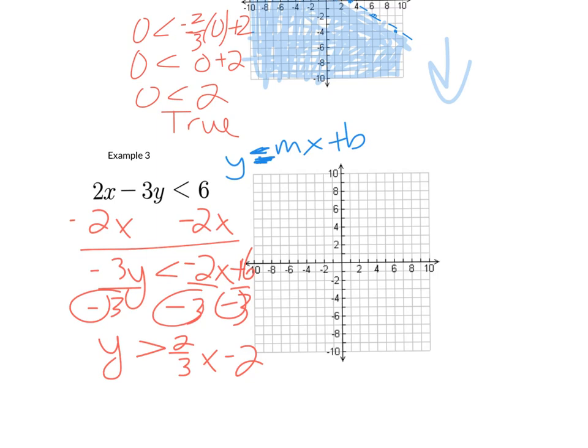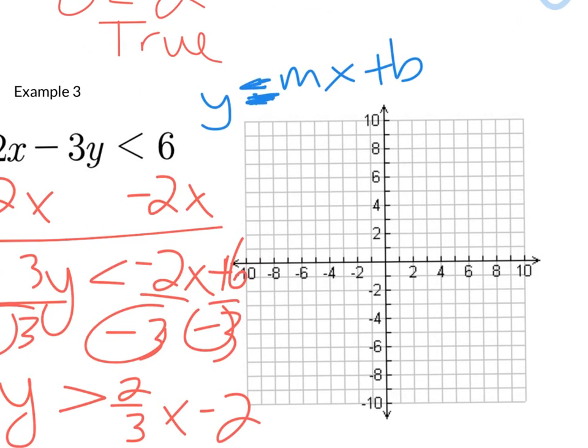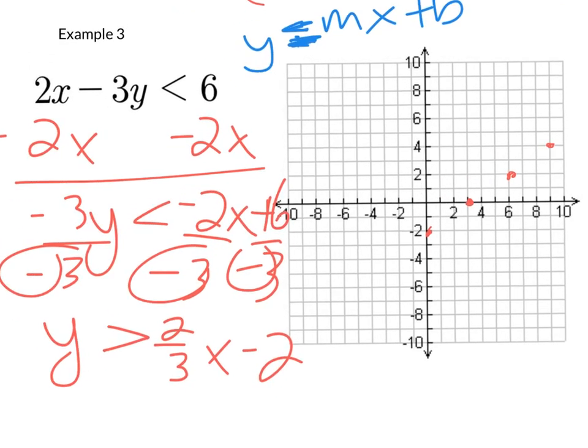All right, so when I go to graph this, I'm going to start at negative 2. And I'm going to go up 2, to the right 3. Up 2, to the right 3. Down 2, to the left 3. Graph a couple of points.